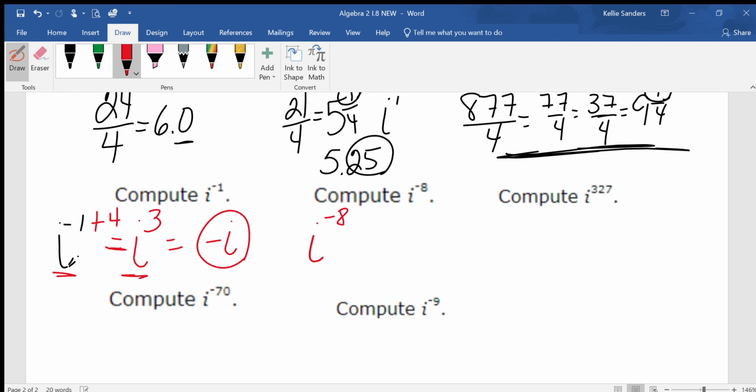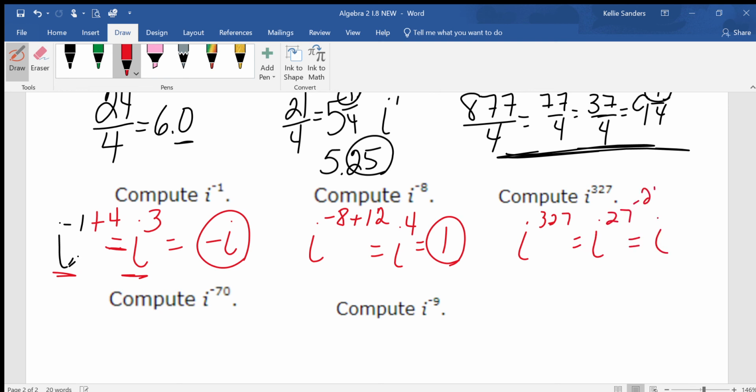i to the negative 8, I'm going to add 12 to it, which gives me i to the 4th, and 1. i to the 327 is the same thing as i to the 27.